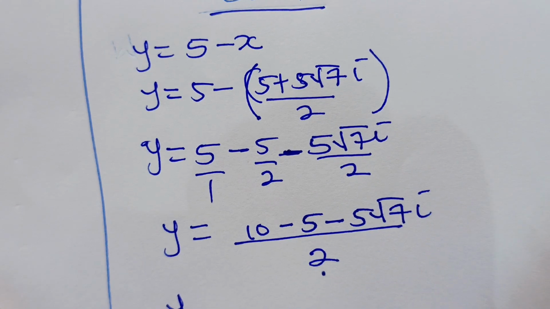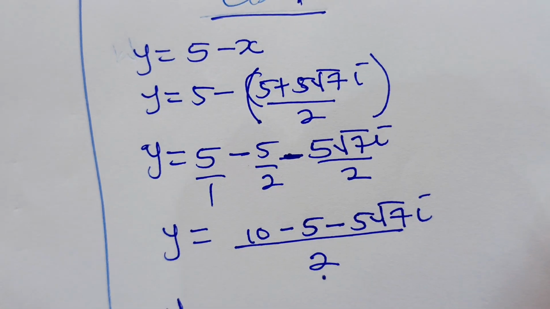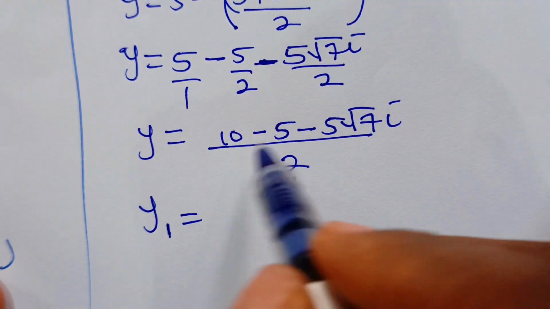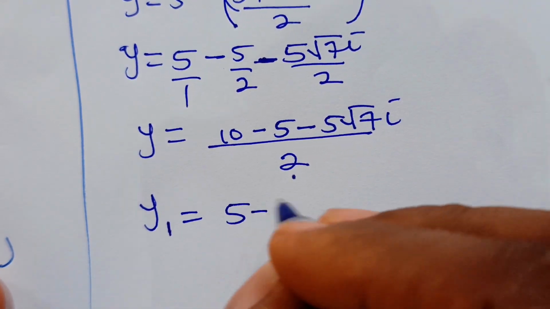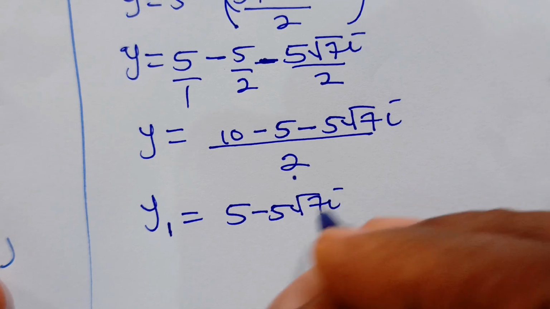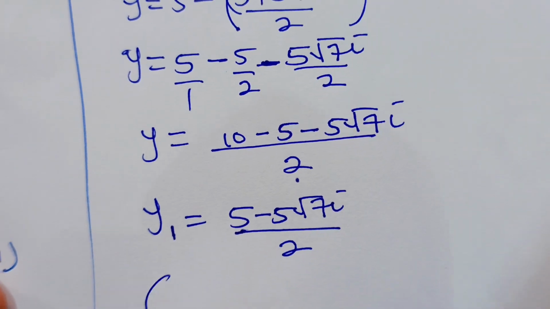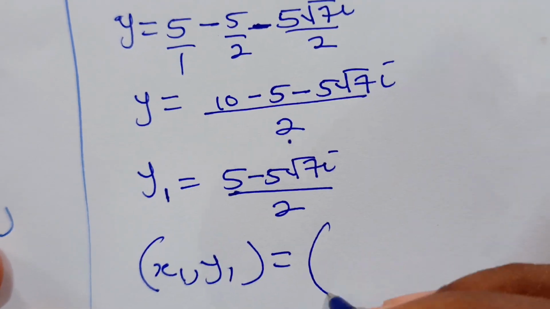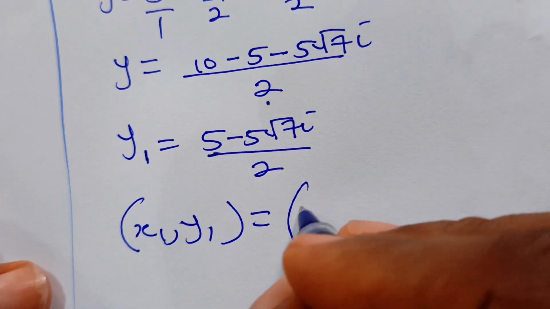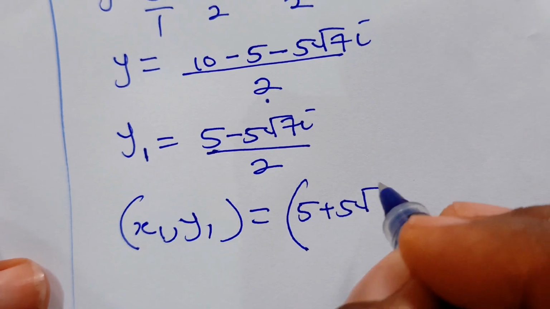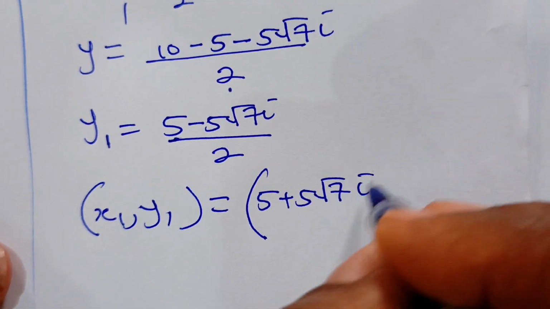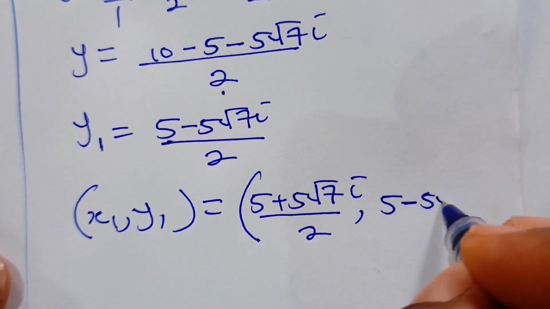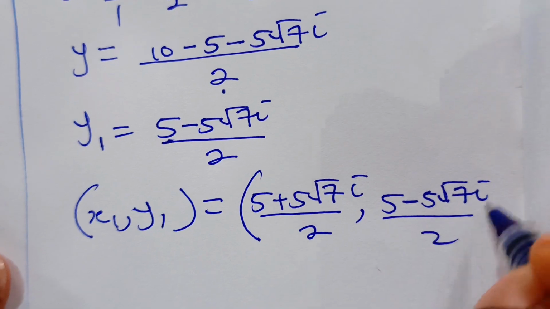So our y, the corresponding y to x1, is equal to 10 minus 5, which is 5, minus 5 root 7i divided by 2. So that means that x1, y1 is equal to, our x1 is 5 plus 5 root 7i divided by 2, and our y1 is 5 minus 5 root 7i divided by 2.